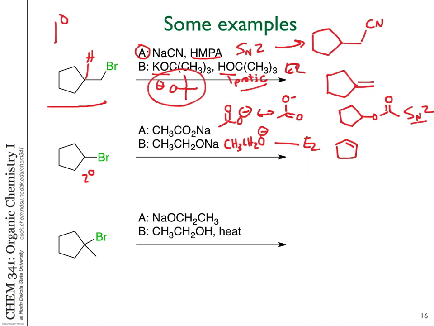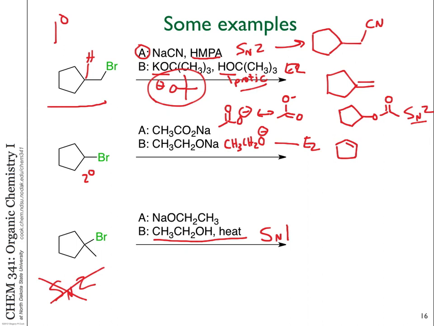And the last case, tertiary, SN2 is not an option, right? So it could only do E2, E1, or SN1, depending on whether you have a strong base or not. So if we just take this in ethanol and heat it up, what do you think the major product will be?